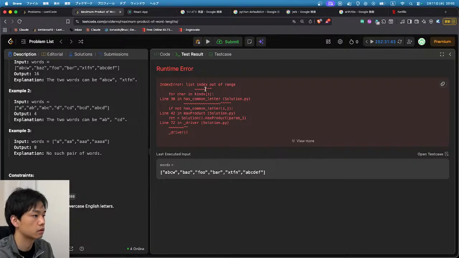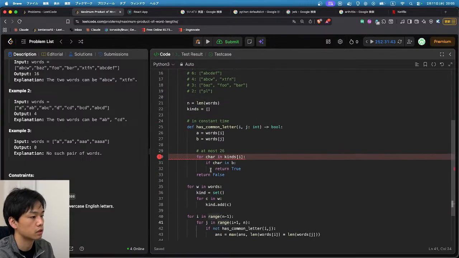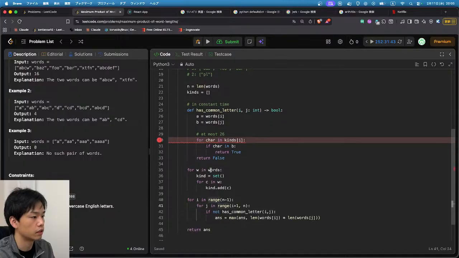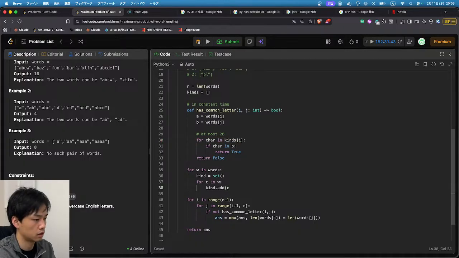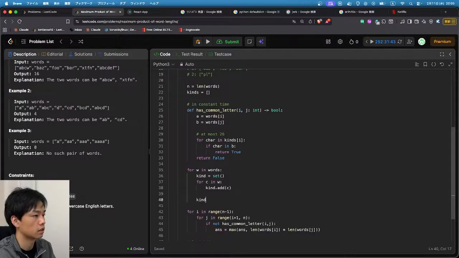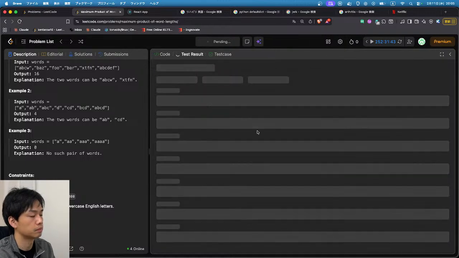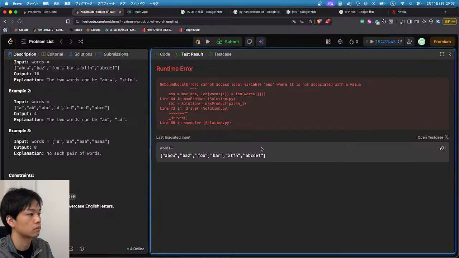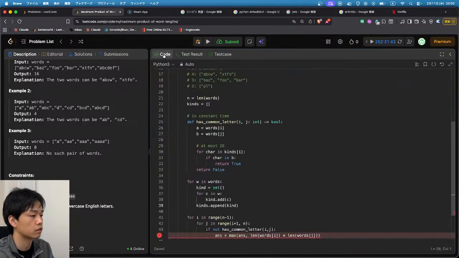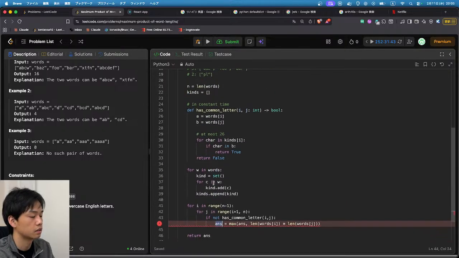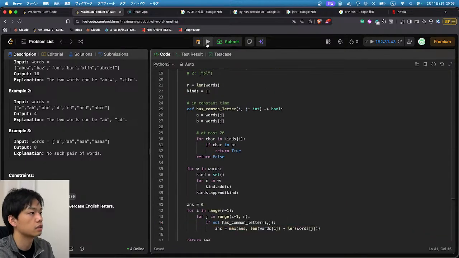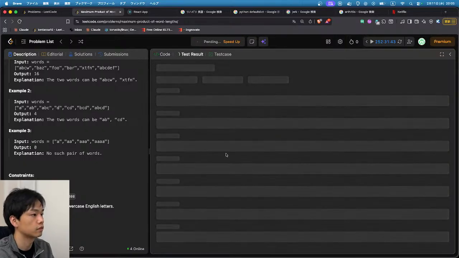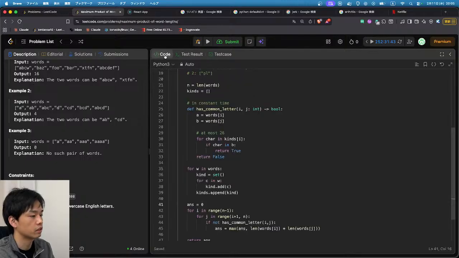Index out of range. Kinds append kind. Cannot access local variable ans. Okay. Correct.